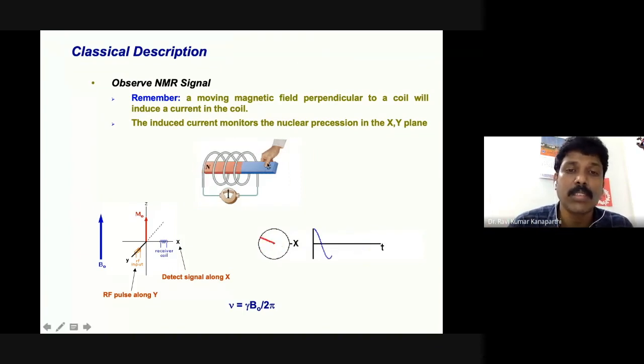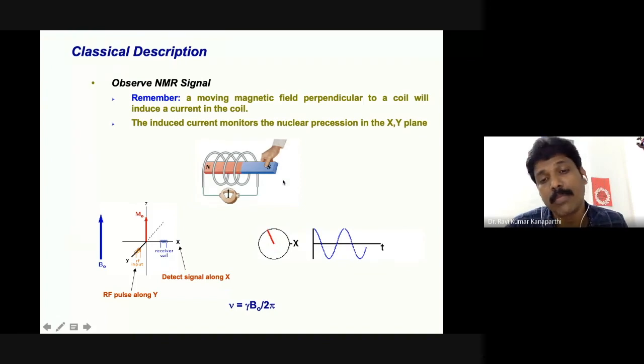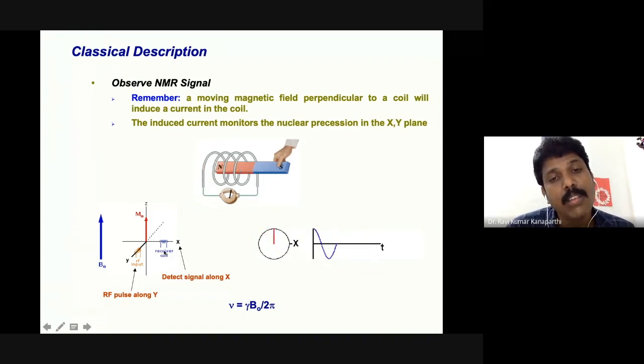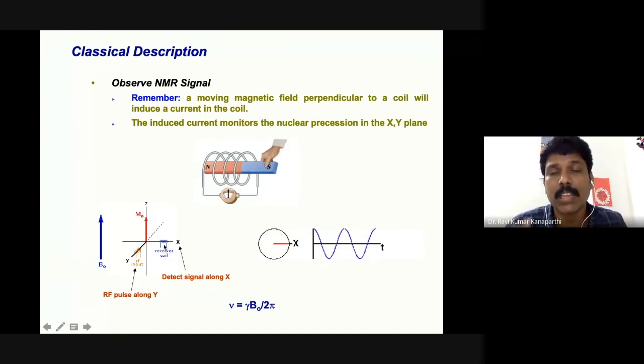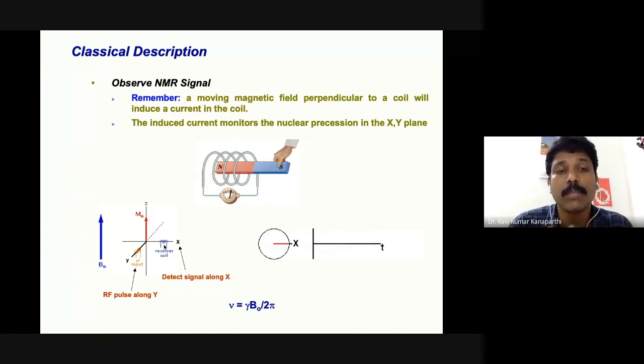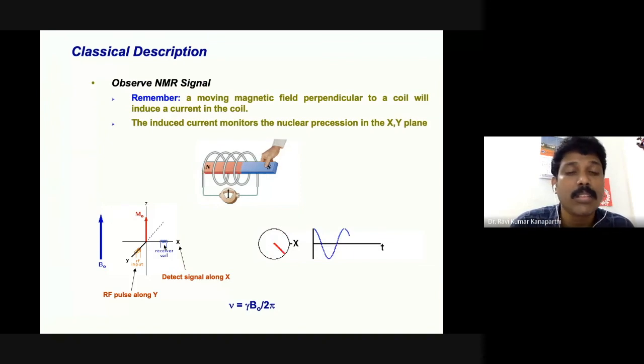This is the basic electromagnetism theory. The coil is kept such that it is activated just after stopping the pulse, and then it records the signal. It generates the current.